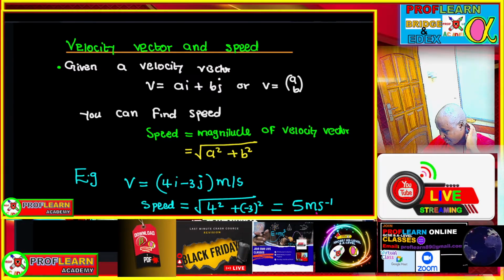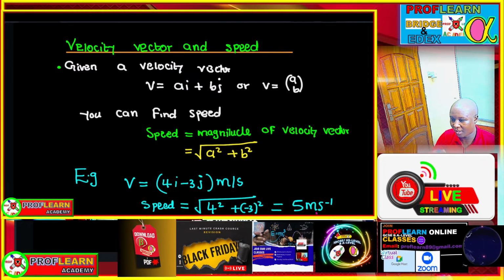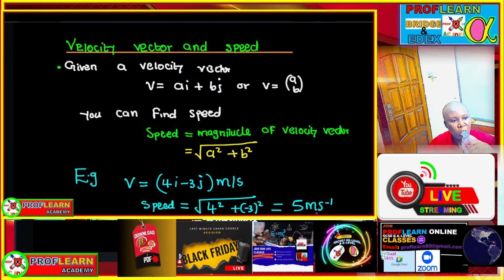So given velocity vectors, you can work out speed like that. The next area that I want us to focus on is working out questions to do with unit vectors.